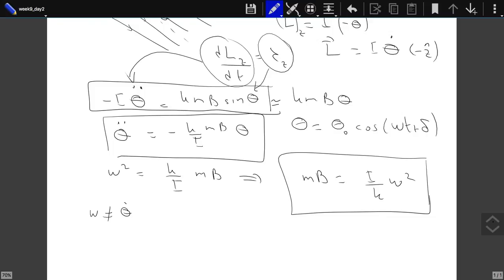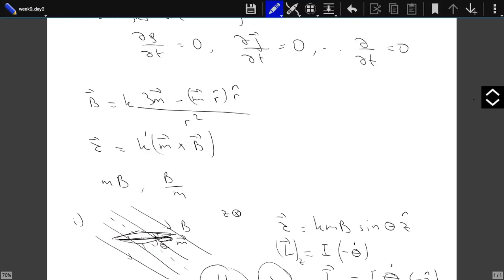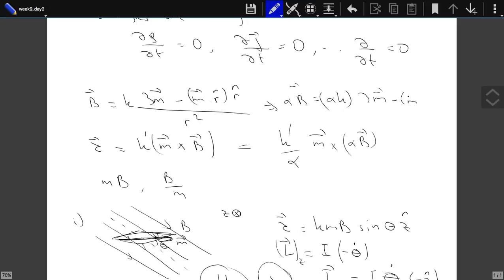You don't know what K is, right? It's just a proportionality constant. For the time being, it's just a proportionality constant. You see, if you look back at these equations, let's say I can write this as K prime over alpha M cross alpha B. And then this equation would just be K over alpha, alpha times B is equal to alpha times K, 3M minus M dot R hat over R squared.